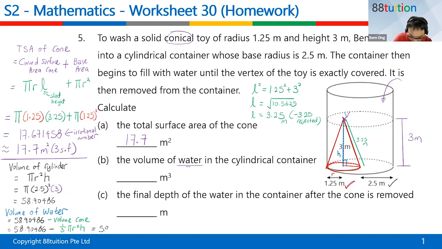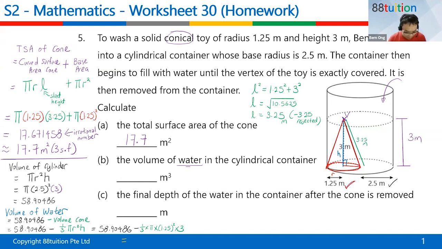So 58.90486 is here. Minus away the volume of the cone, which is 1 over 3 times pi. What is the radius of the cone? Yes, 1.25 squared. And the height of the cone is 3. If you press everything into your calculator all in, what do you get?